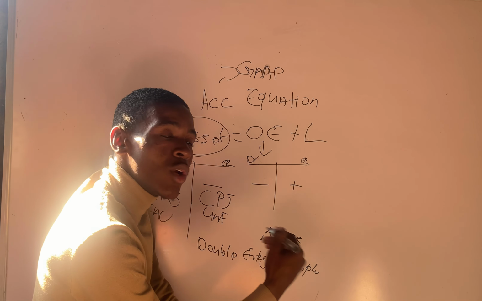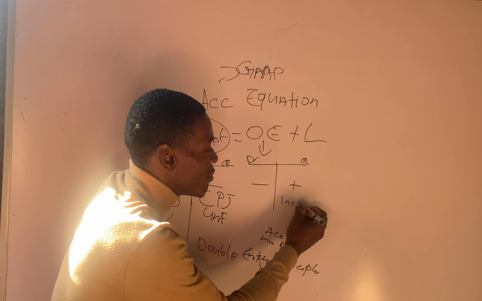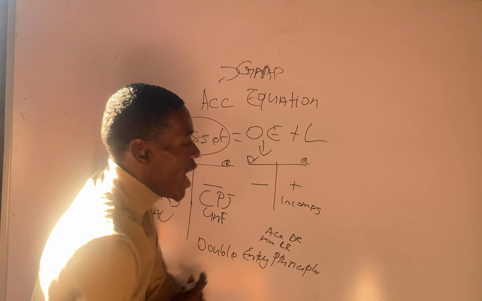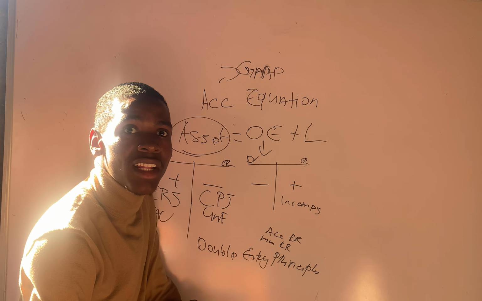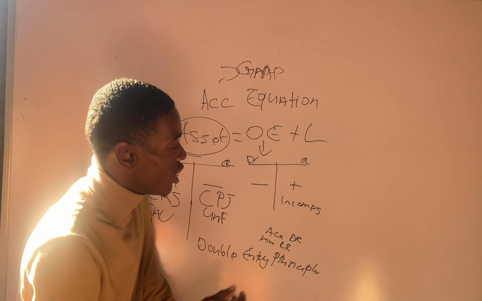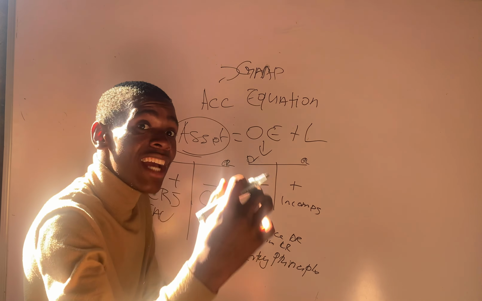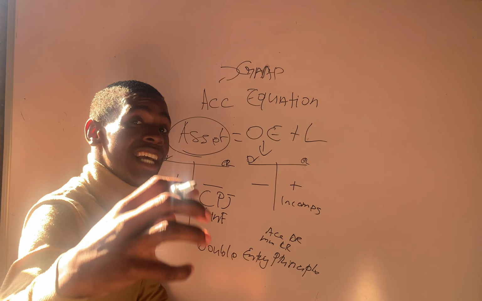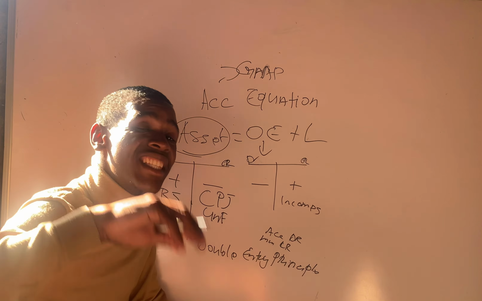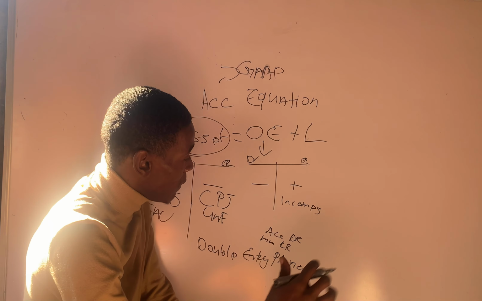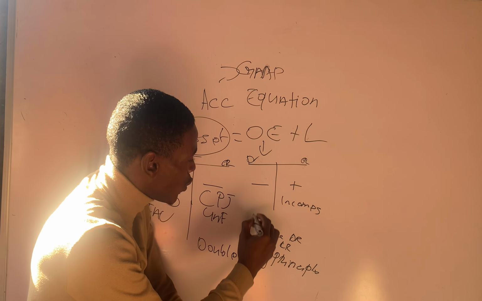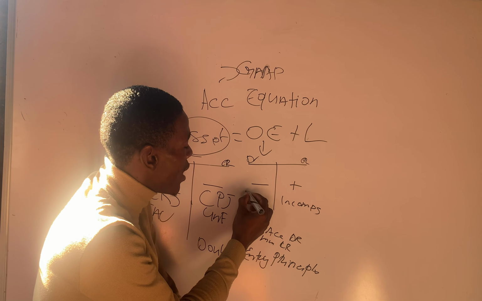Then what increases our owner's equity? Our owner's equity is increased by our incomes, whenever we are receiving an amount of money, such as rent income, commission income, fee income, bad debt recovered, discount received. Those are incomes, which increase our owner's equity. What decreases it?